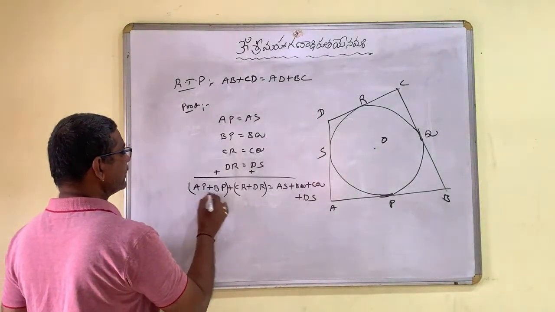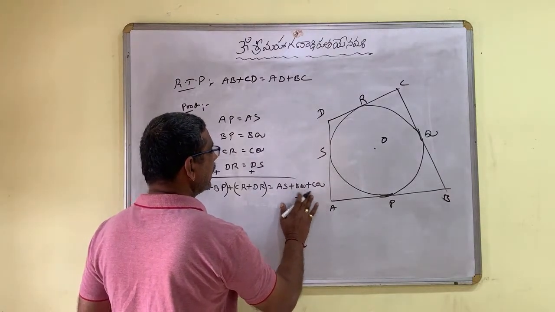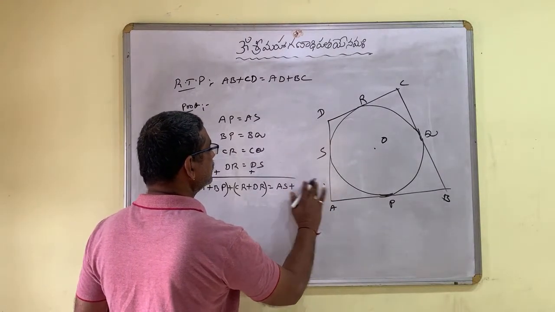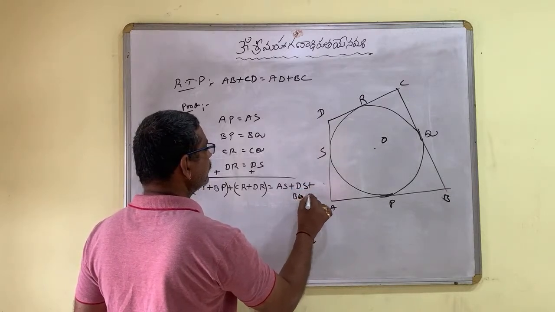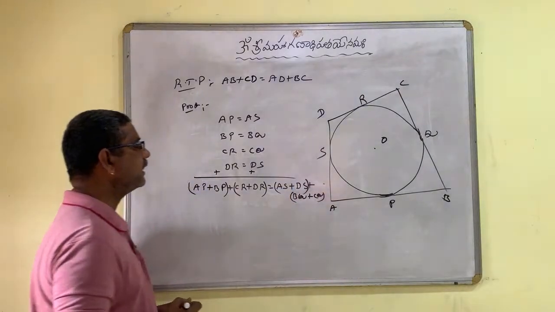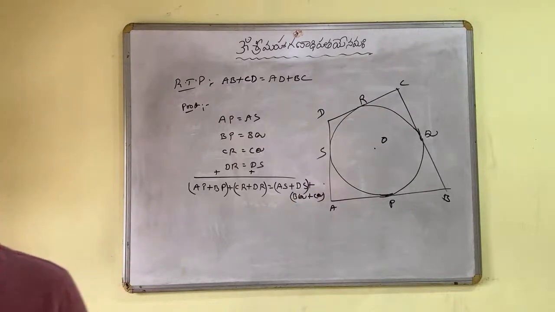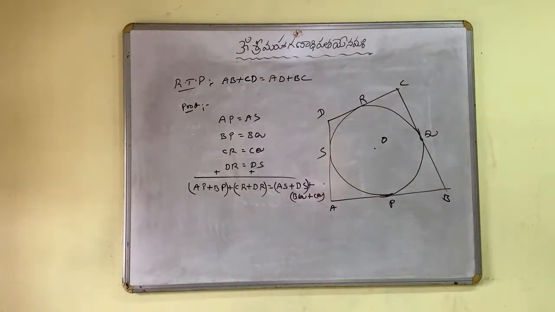AP plus BP, and here I will bring DS plus BQ plus CQ and put them in brackets like that. Just rearrangement only. Okay?